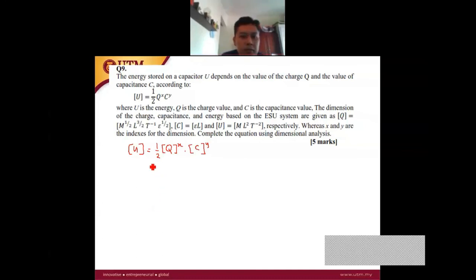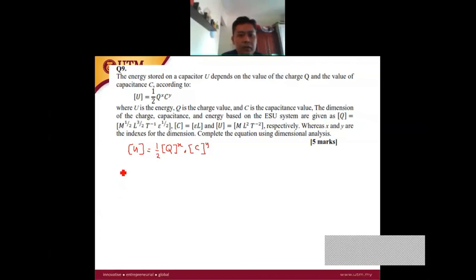So we need to find the value of x and y by matching the value of the index on the left hand side and right hand side. Okay.